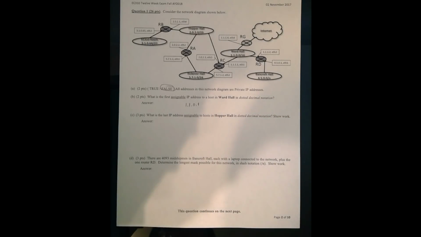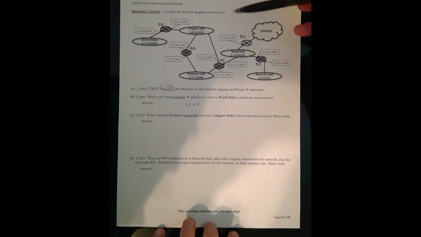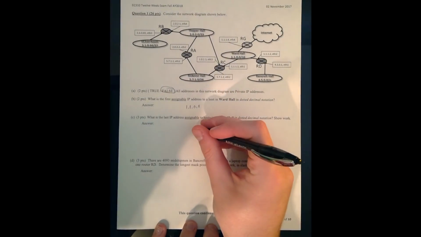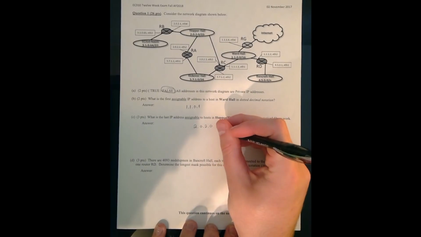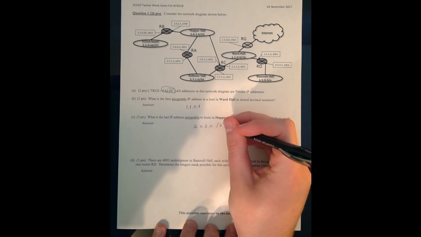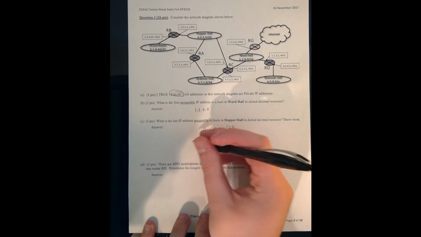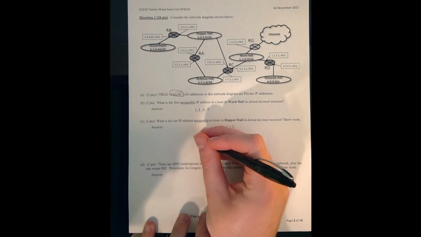Okay, next up, what is the last IP address assignable to hosts in Hopper Hall in dotted decimal notation? So Hopper Hall's network ID is here. It is 2.0.2.0. And our mask is in the form /23. So that mask is going to be 23 ones.